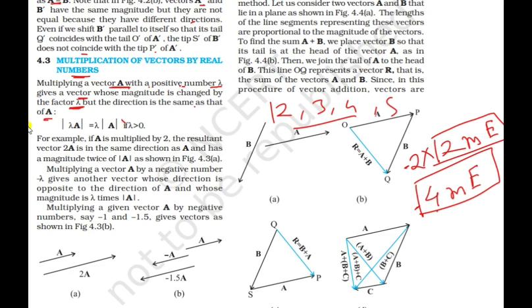See here how we present it. Lambda is a real number, A is a vector. See the modulus: mod of lambda A equals mod lambda times the modulus of the vector. If lambda is 0, then the result will be 0.